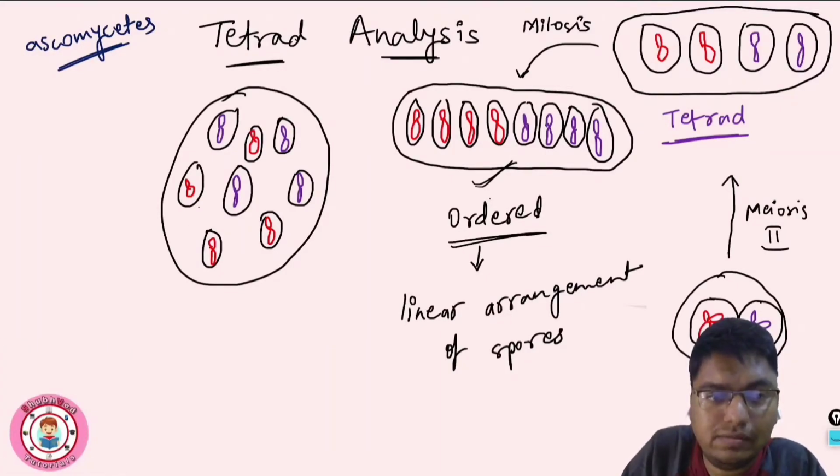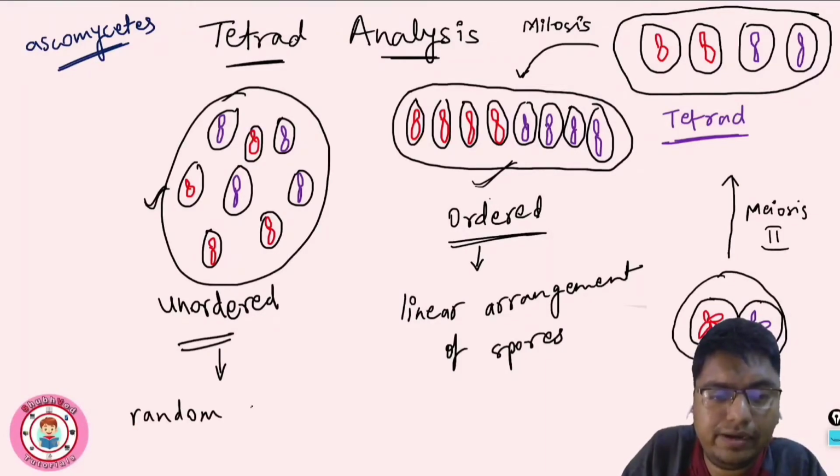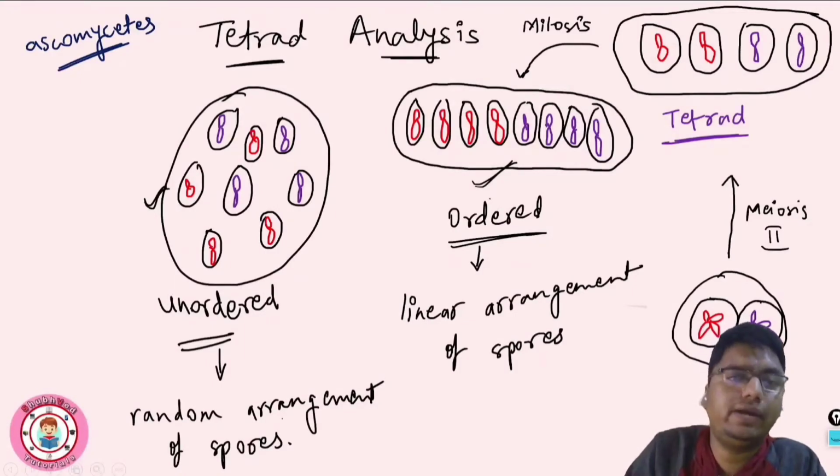This is known as unordered tetrad or octad. Unordered is a random arrangement of spores.